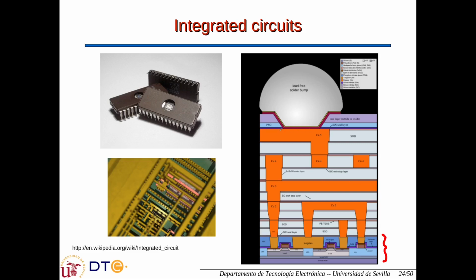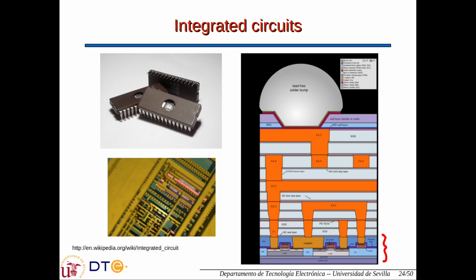So with these layers, we are able to connect different terminals of the devices using different layers. At the top layer, we have these accesses here to put the bumps of lead soldering that make it possible to connect from the outside. So this is a photograph of the top part of an integrated circuit where we can see the different layers of material, more or less, how it's constructed.